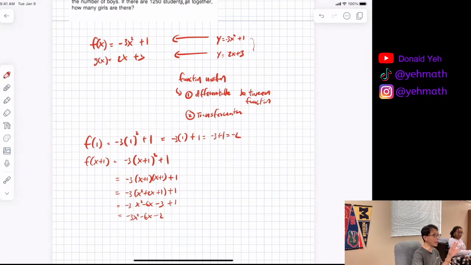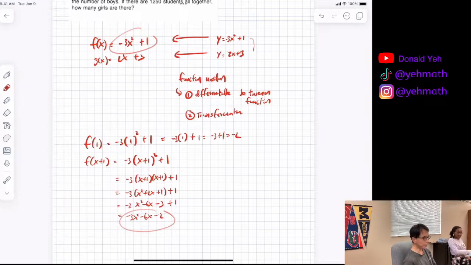In terms of graphing, what is the difference between this graph and this graph? I'm going to talk about transformation, which is something that you didn't know about. Any ideas?